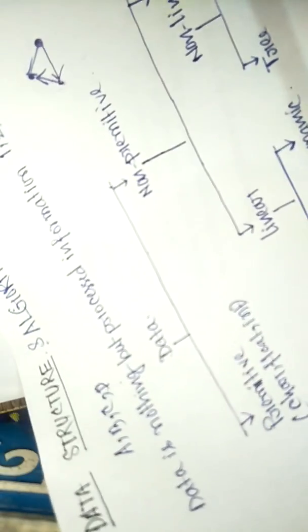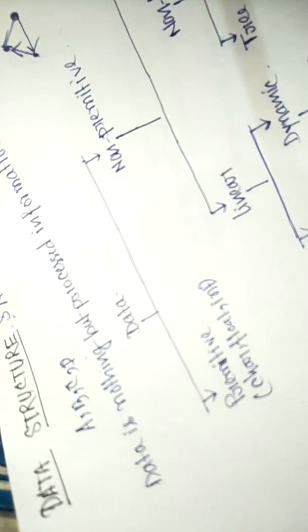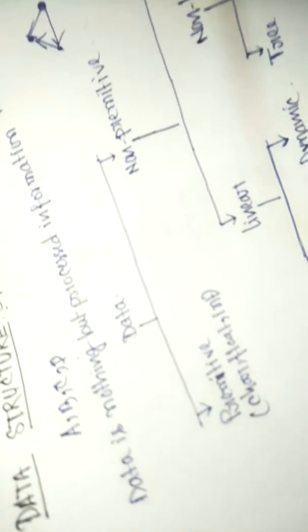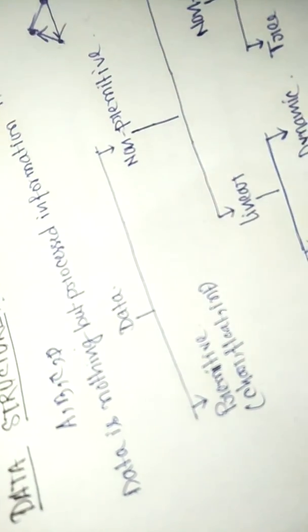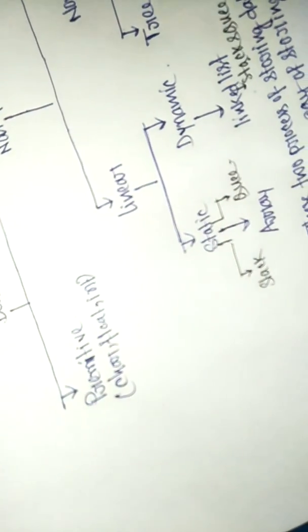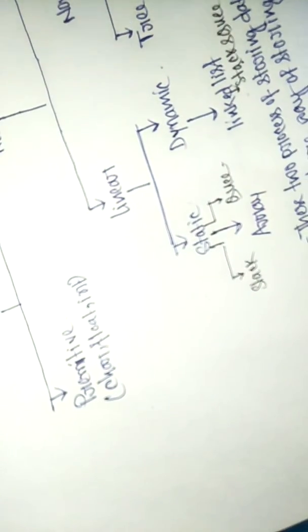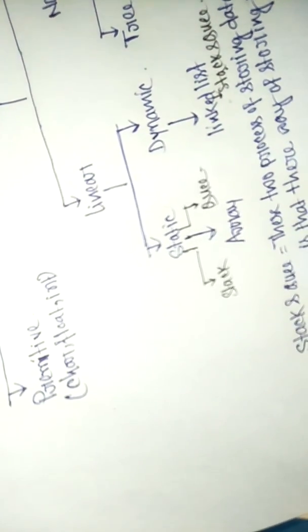So this is all about the classification of data and data structure. This is the introduction section of data structure. This is all about the classification, and I have given you the definition with examples. I hope you understand the difference between these.